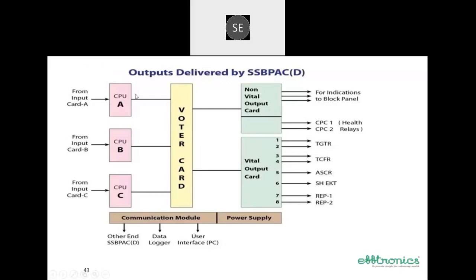So by processing those 47 inputs, the CPU generates outputs. These are the outputs delivered by the block instrument.